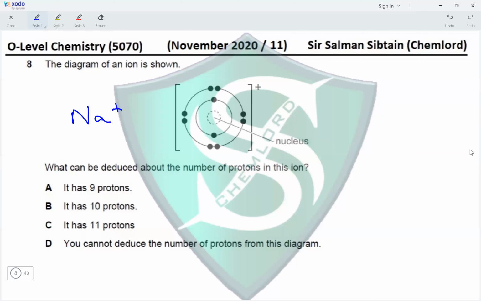What can be deduced about the number of protons in this ion? Number of protons would be its proton number. Proton number would be 11. You cannot deduce the number of protons from this diagram? Of course you can. You just calculate the number of electrons plus the electron that has been lost. So in total 11. Option C is the correct option for this question.